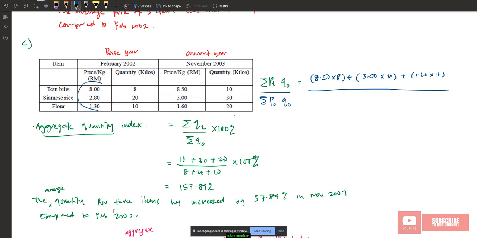This is a Q naught, this is a Q naught, this is a P naught. So 8.00 multiplied with 8. So this is the first part. Second part is 2.80 multiplied with 20, plus the third part is 1.3 multiplied with 10. Right? And then we need to multiply with 100%.